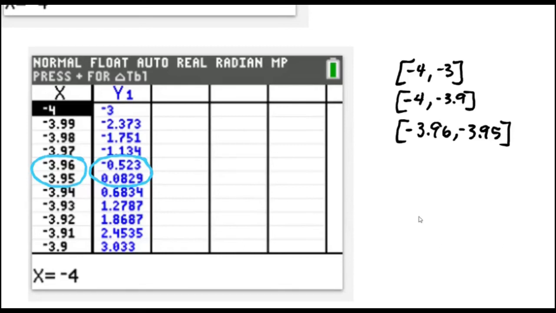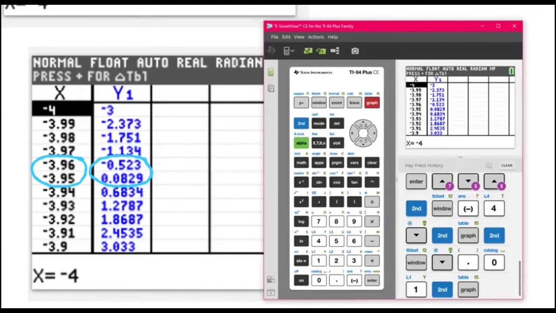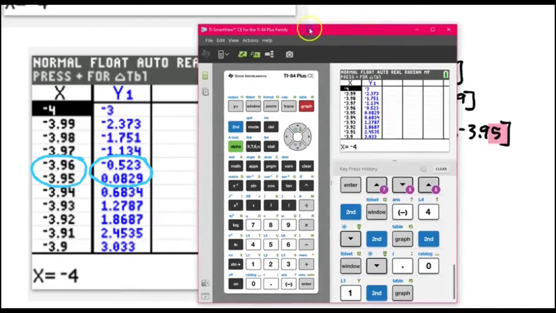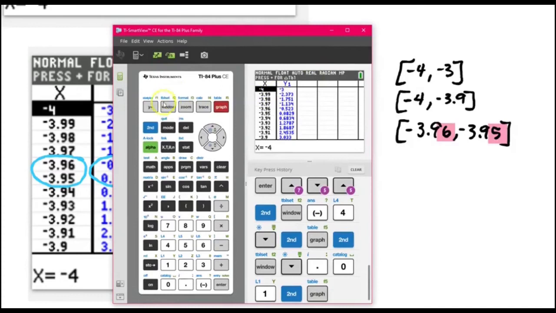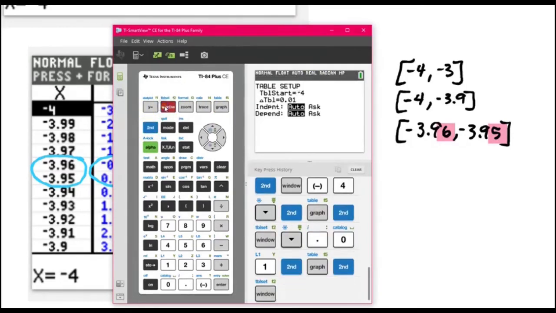You can see that we already have 2 decimal places here, but we need to know what the third decimal place is to know whether we need to round to have the second decimal place a 6 or a 5. So we're going to do this process one more time. So we have our calculator again, and I'm going to have my chart over there so I know what to do the table set at.